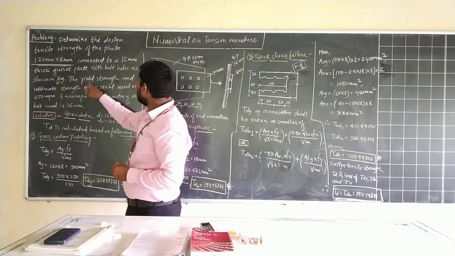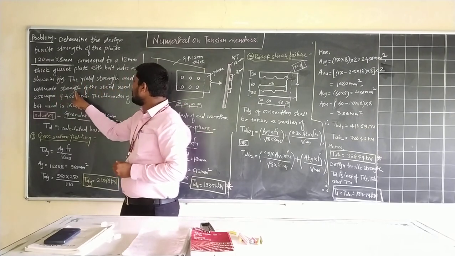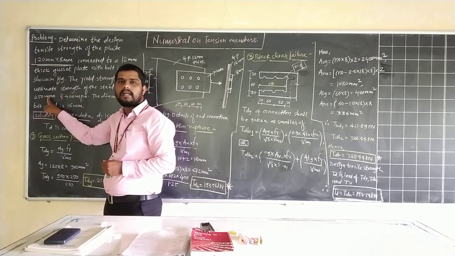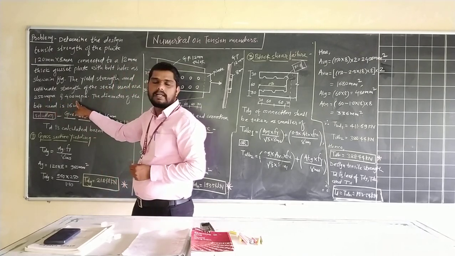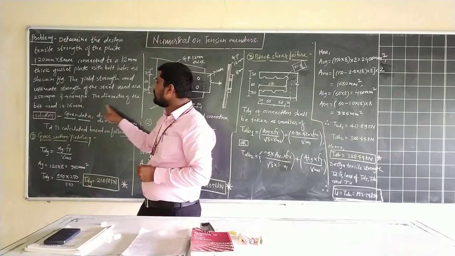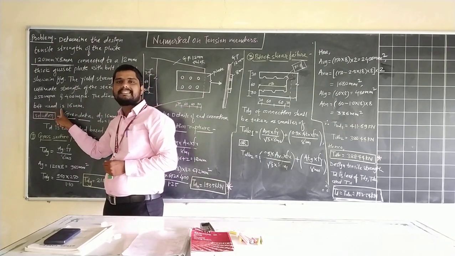Then the yield strength and ultimate strength of the steel used are 250 MPa and 400 MPa. The diameter of the bolt we are going to use is 16 mm.